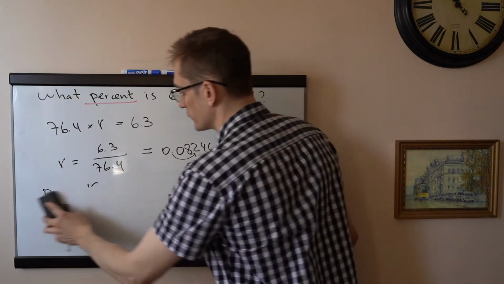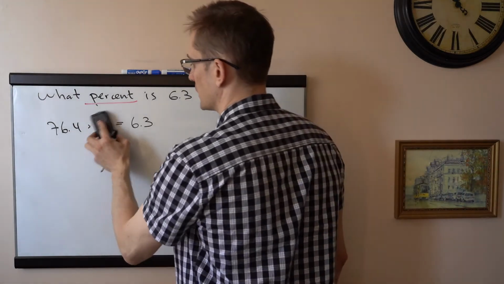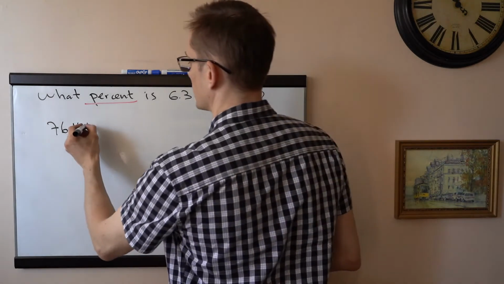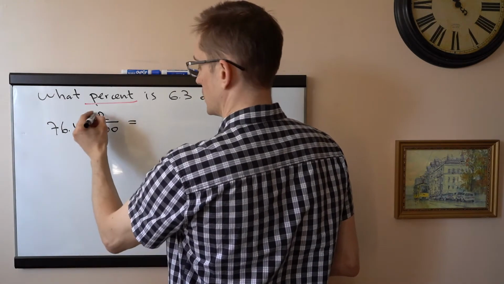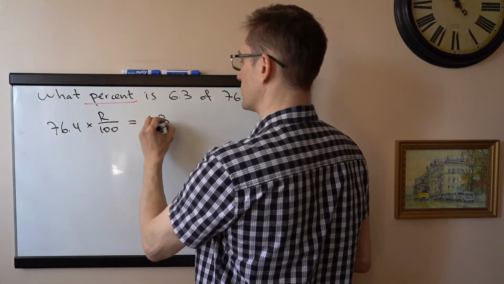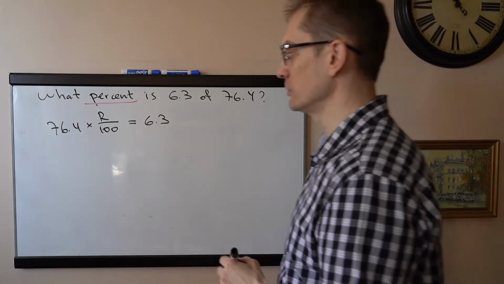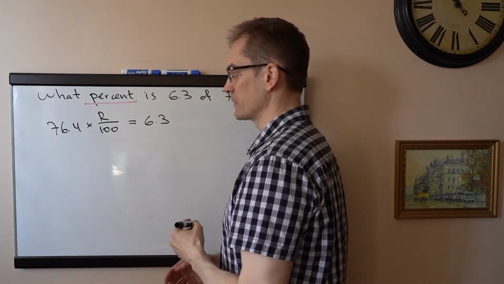Of course, you could have solved this problem a little bit differently. You could just say, okay, 76.4 multiplied by rate per 100 divided by 100 equals 6.3. So in this case, what you do is you try to find percent right away, which is pretty much the same thing.